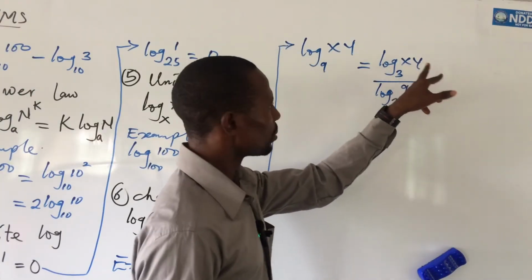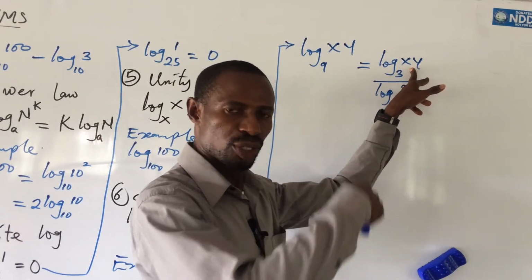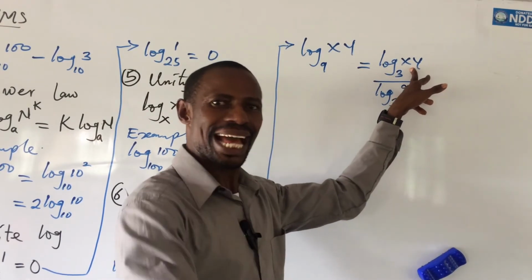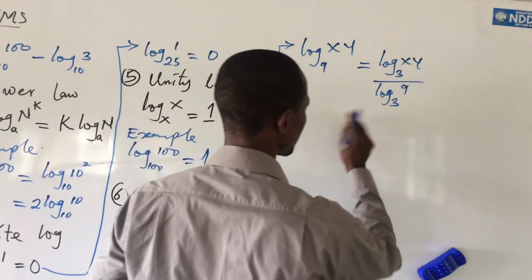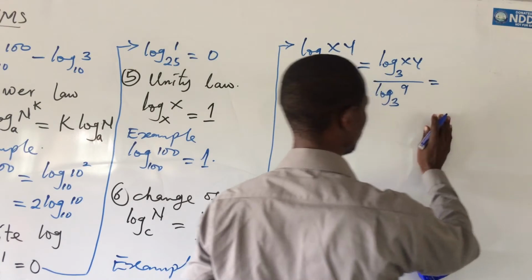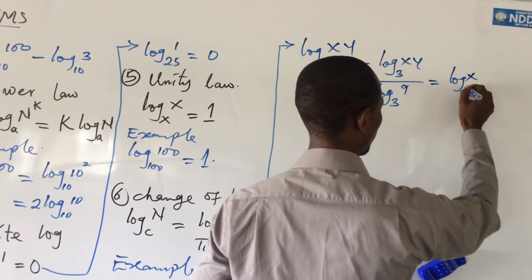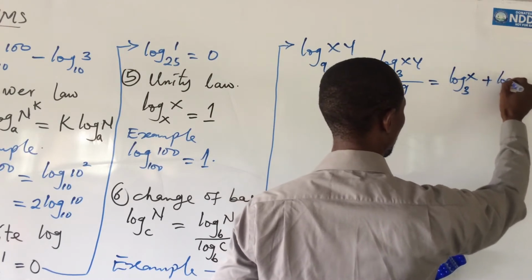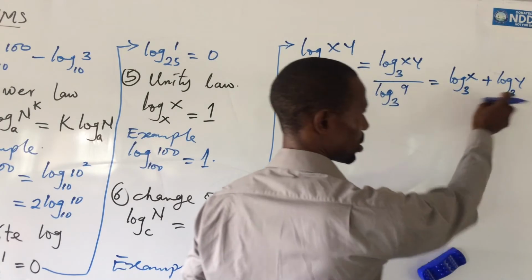Now, this is a product law again. So we can now apply the product law. We are having the product law inside the change of base law. So if we simplify, this will automatically give us log x base 3 plus log y base 3, all over log 9 base 3.